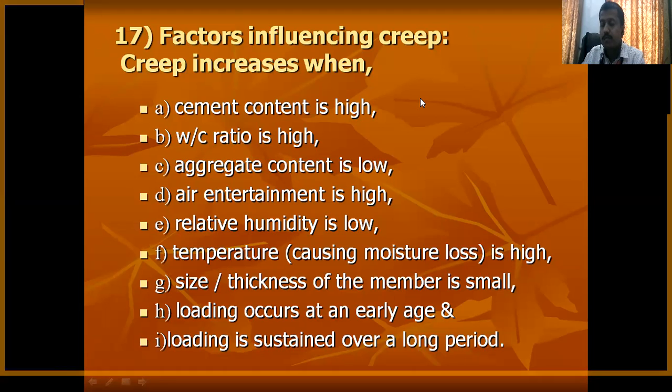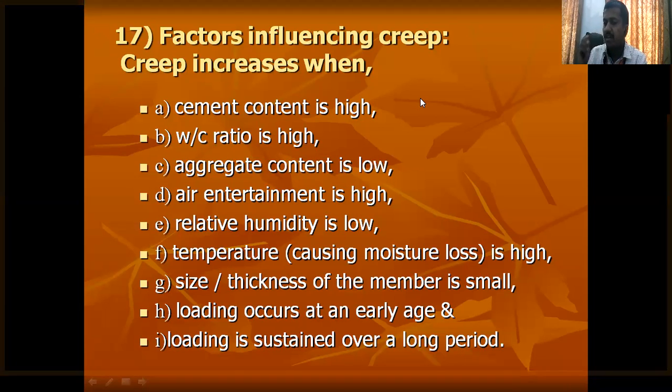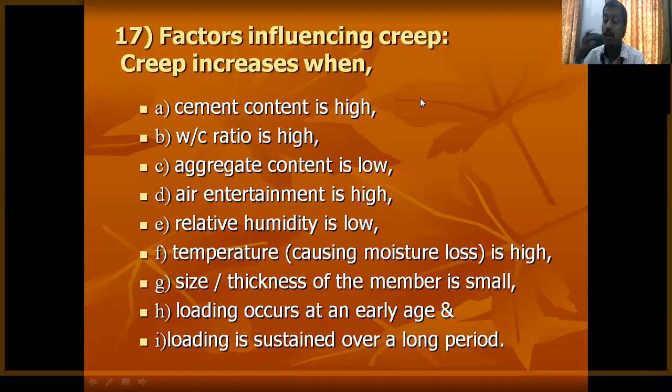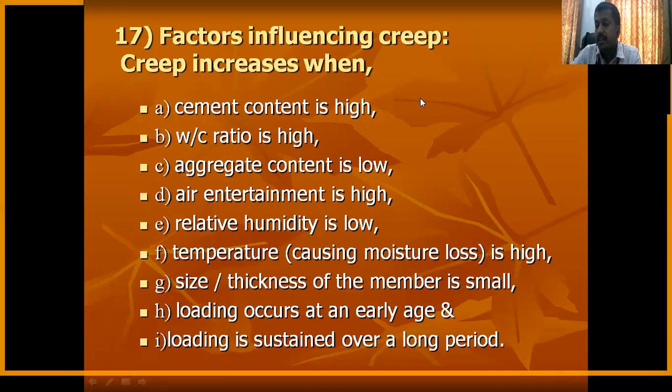So the basic idea is that the difference should not be more than 5% between the different samples you have tested. Grade is nothing but the characteristic strength of the material. So the first factor, why it is going to influence creep, why it is responsible for creep.